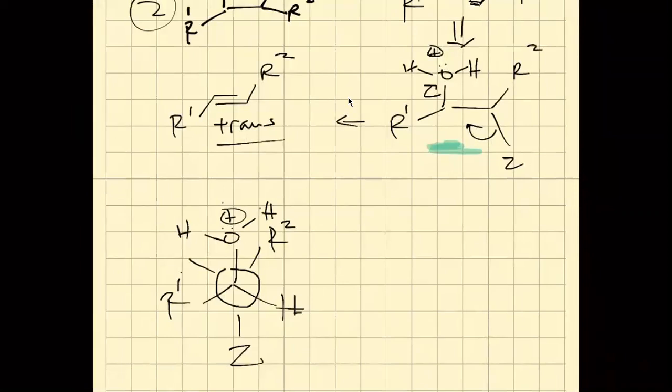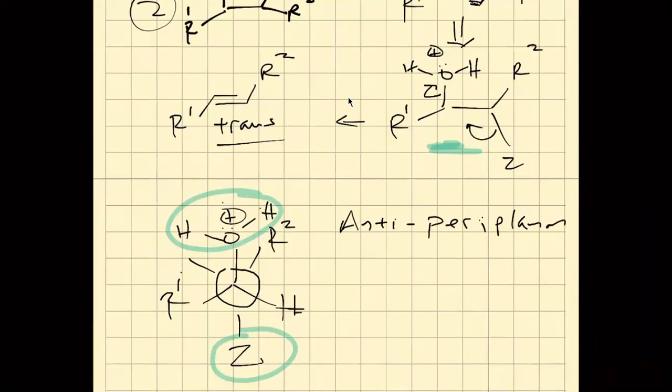So now the leaving group, which is here, and Z, we say that they are now in an anti-periplanar relationship. Right.